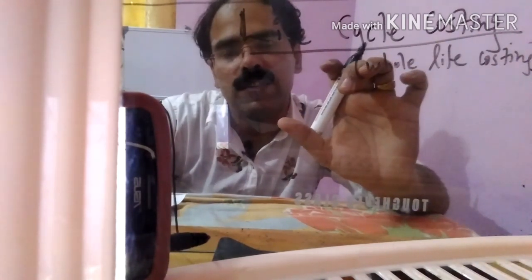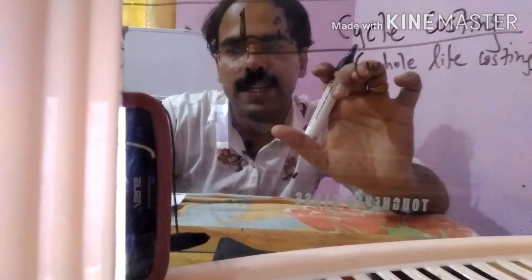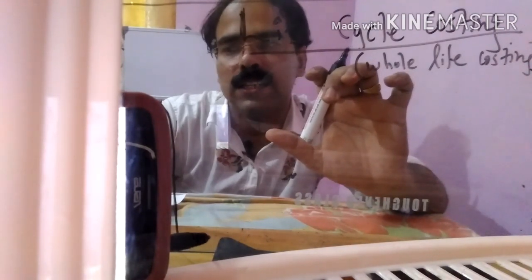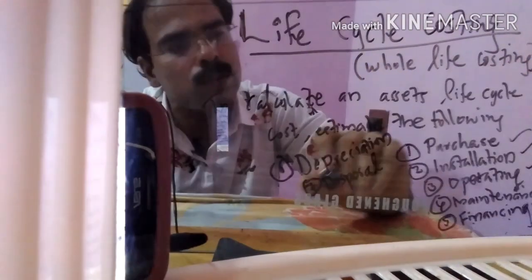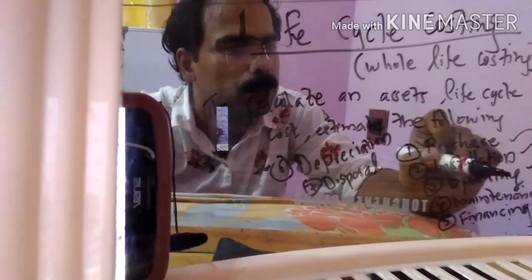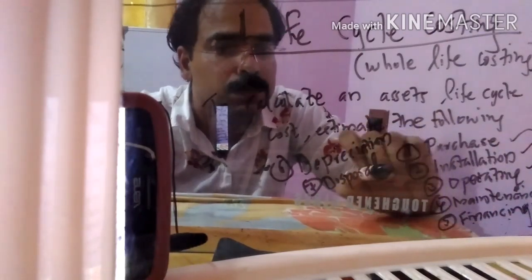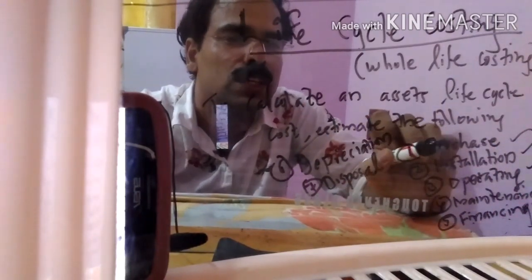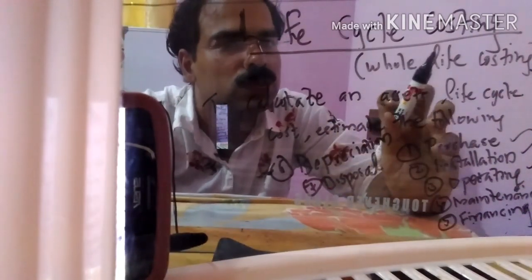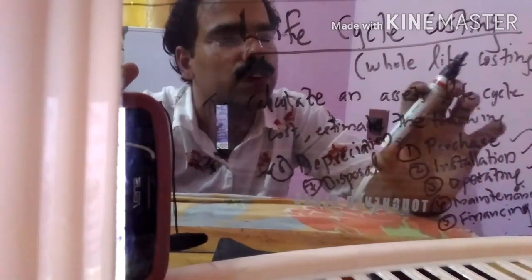Along with that, we need to think about the cost related to maintenance, repair, replacement, energy, and any other monetary costs, such as the costs related to purchase, installation, operation, maintenance, financing, depreciation, and disposal of that project. Those costs we can call life cycle costing, or whole life costing.